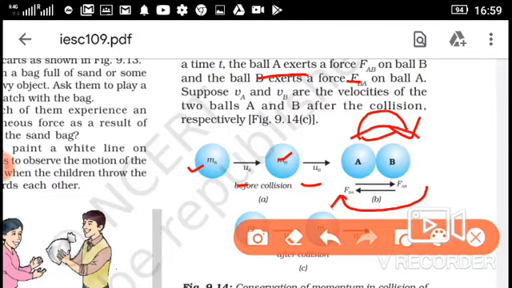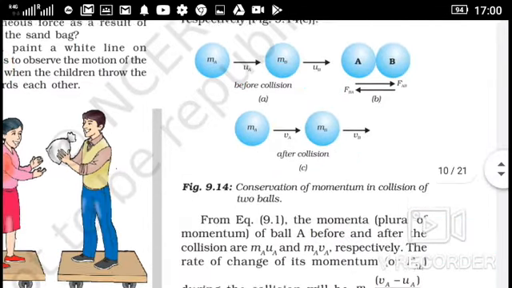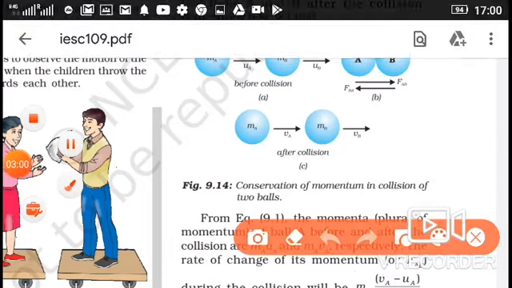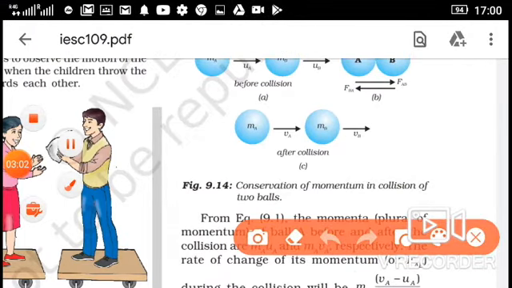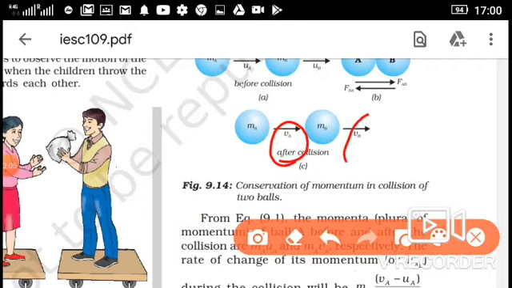When they collide, they change their velocity. Now the velocities of both objects have changed to VA and VB.